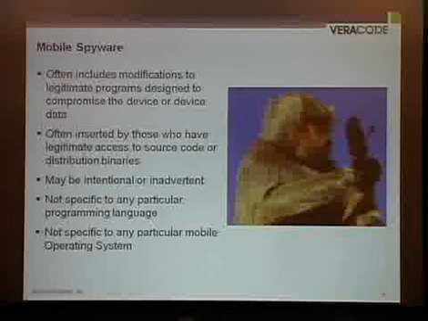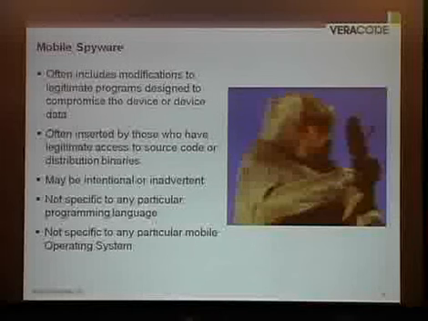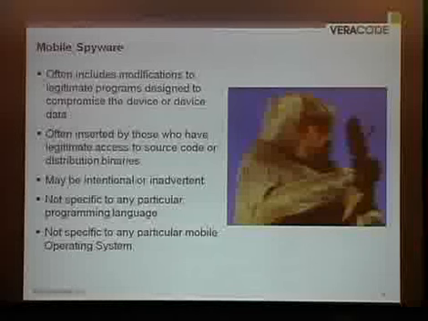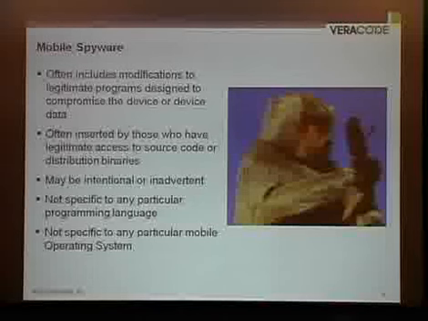So let's just dive right into it. What exactly is mobile spyware? Mobile spyware, by my definition, and what we're going to go by for the purposes of this presentation, is an application that may or may not look legitimate at face value that executes code behind the facade. We're not necessarily talking about what I created, because what I created has no facade. It is very plainly obvious what it is.